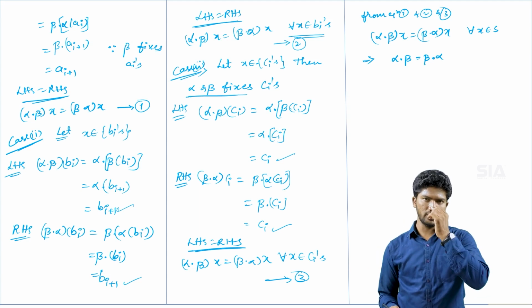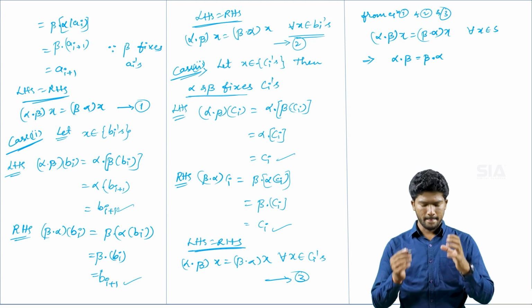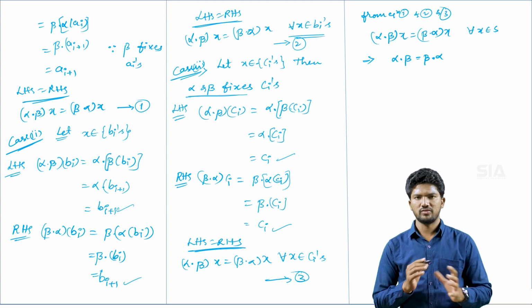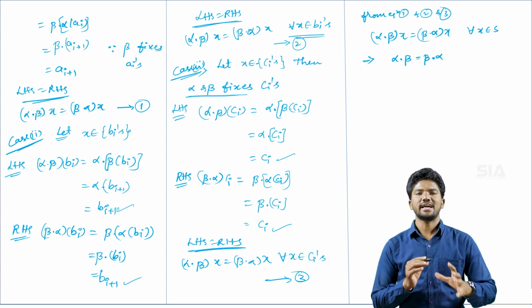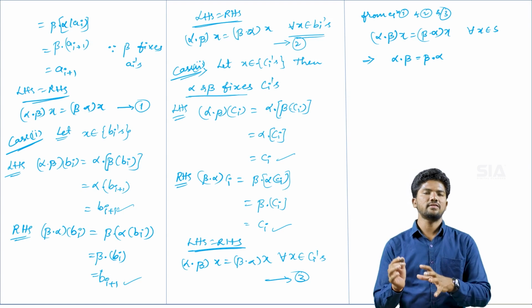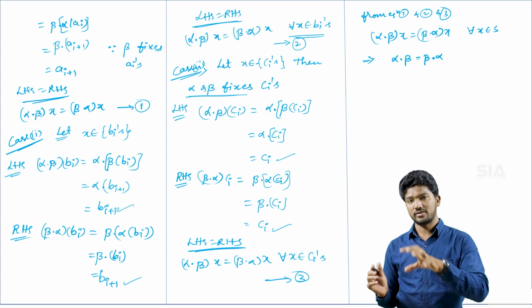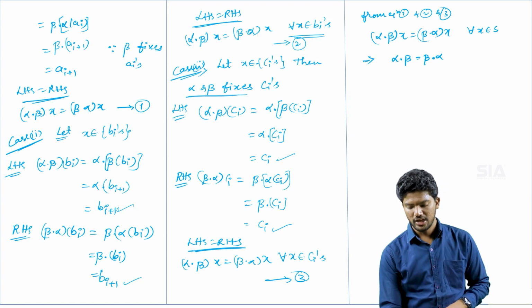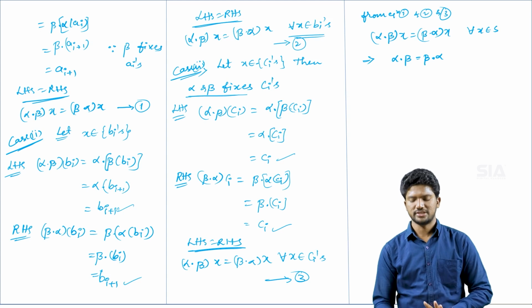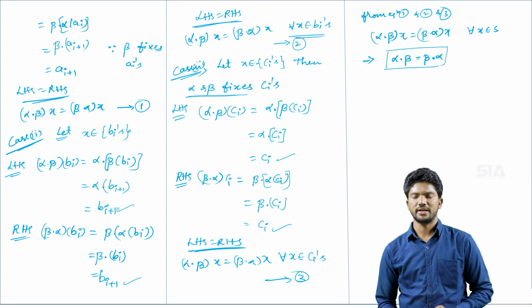I clearly told you in the previous lectures regarding the elementary properties of the group. One of the conditions is cancellation laws. While solving theorems and problems in upcoming units, we can use the left cancellation law and right cancellation law. Here by using the right cancellation law, you can cancel small x on both sides. Then you can say that alpha into beta is equal to beta into alpha.